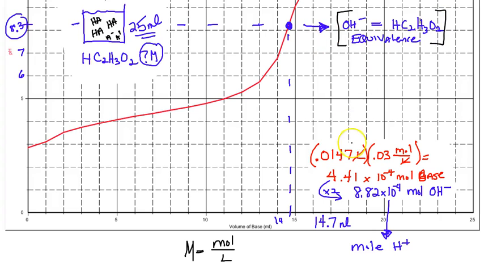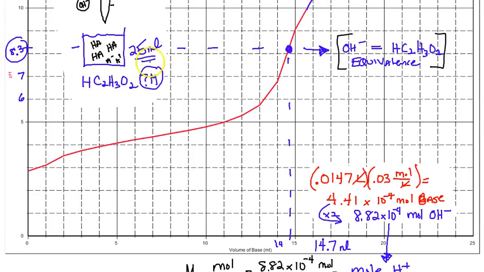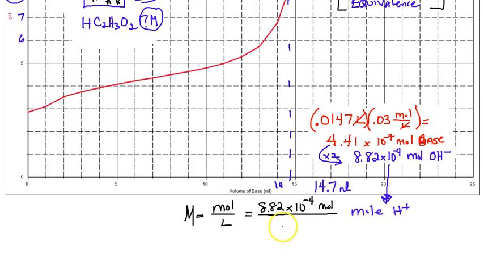We found exactly that equivalence point. All right, so I'm going to take that moles, which is 8.82 times 10 to the negative 4, and that's moles over the volume of the acid that I started with, right? Which is 25 milliliters. Okay, so because it has to be liters, 0.025 liters.